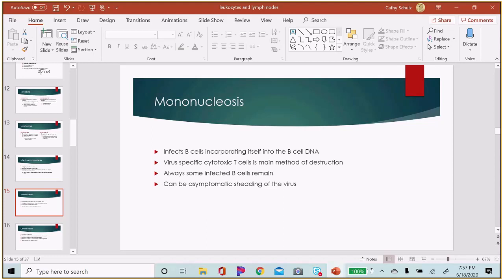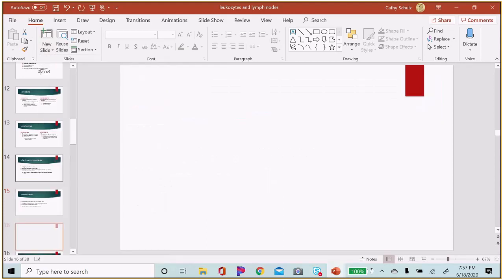This Epstein-Barr virus infects the B cell, incorporating itself into its DNA. Remember, viruses are not simple cellular structures that exist outside of our cells and damage our cells by releasing exotoxins.